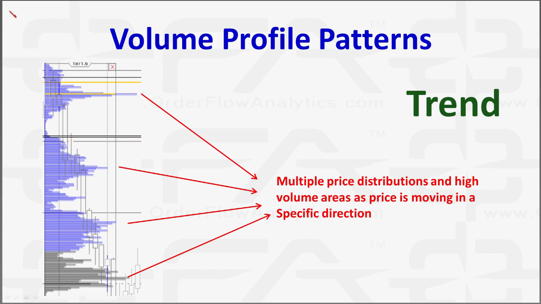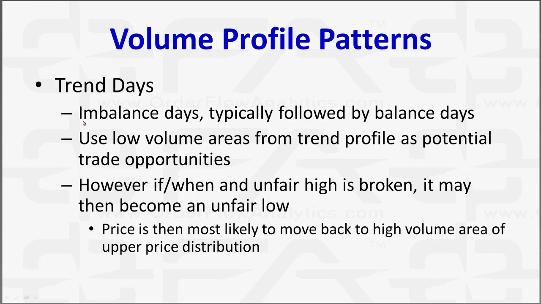The volume profile with this pattern is supporting the trend day because we're getting acceptance lower, acceptance lower, acceptance lower. So multiple price distributions in high volume areas as price is moving in a specific direction. Trend days are imbalance days.